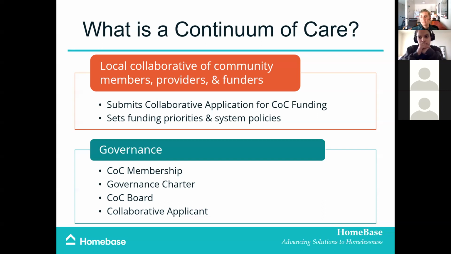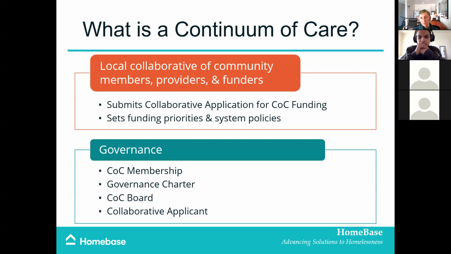So essentially, in order to be a member of the COC, you participate in the COC, you attend a meeting, you sign up for the COC's mailing list. That means you are a stakeholder in the COC, you are a member of this collaborative community group, and you show up to meetings and participate in setting funding priorities and system policies.